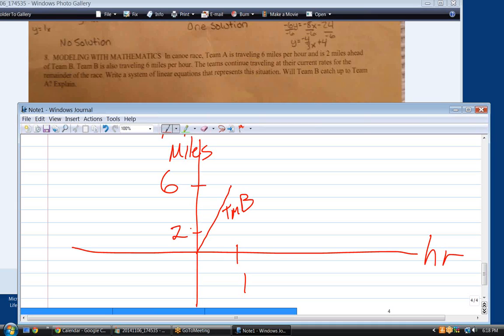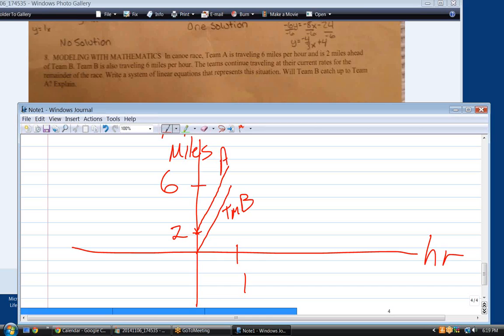Which means their graph is parallel to that one, but started 2 miles higher up on the y-axis. Since these lines are parallel, will they ever cross? No. So Team B will never catch up to Team A.